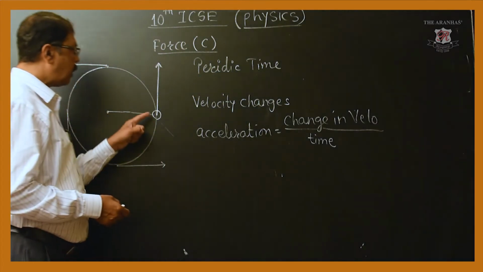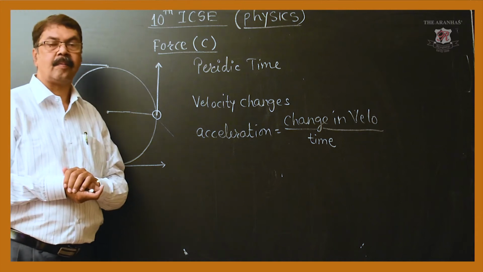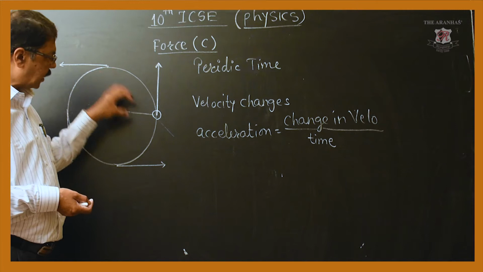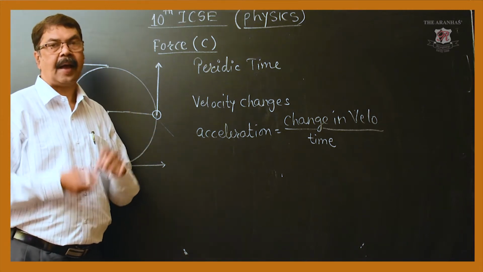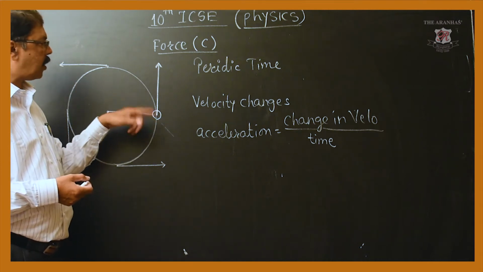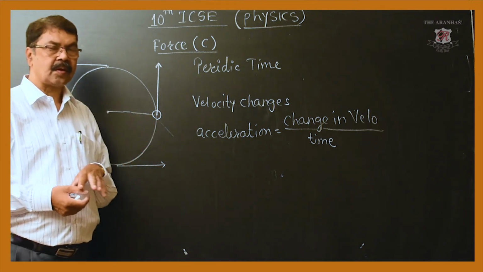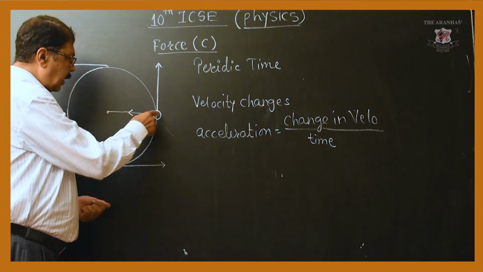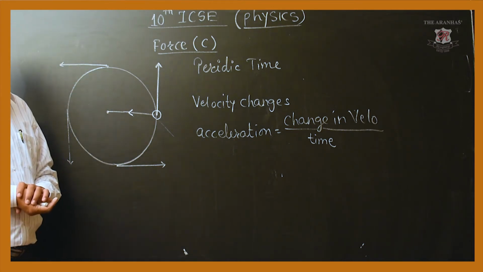Here, continuously we are seeing that there is a change in the direction. So there has to be some force which is exerted on this particle continuously. As there is a change in the direction of motion, there has to be some force, and that force is always along the radius of the circular path towards the center of the circle.